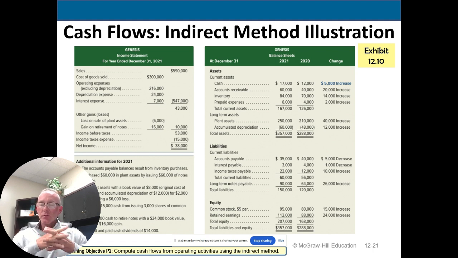If we remember, there are four pieces to that entry. We've got the cash that we sold it for, we are removing the accumulated depreciation, we're removing the asset, and then that little plug figure, our balancing figure, is the gain or loss.